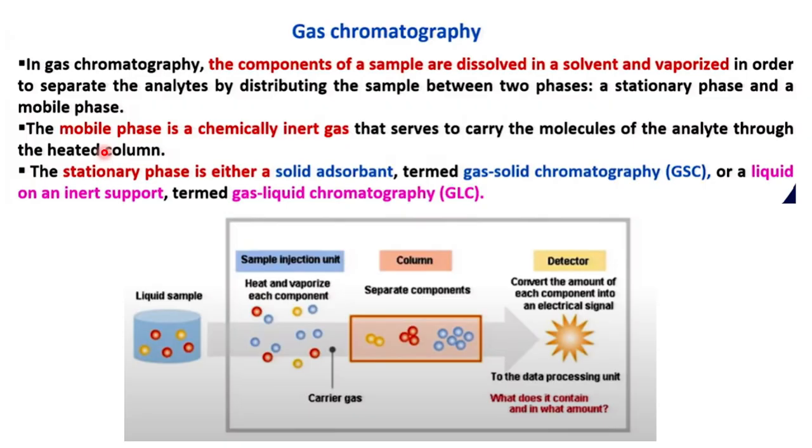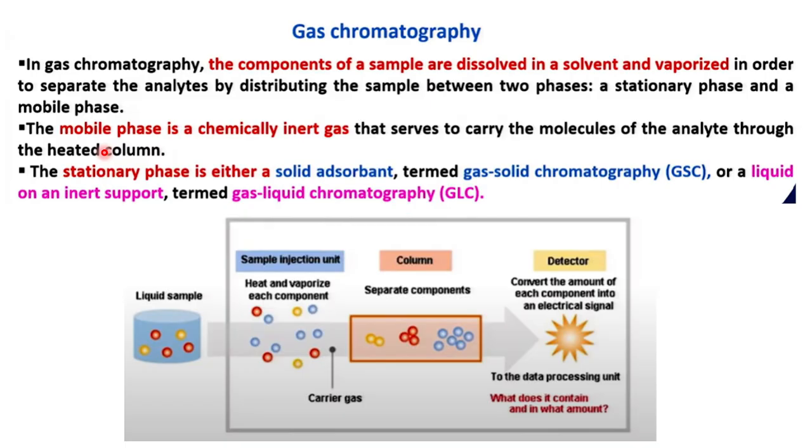GPC is basically a liquid phase chromatography, but in gas chromatography the mobile phase is an inert gas. In gas chromatography, the components of the sample are first dissolved in a solvent and then vaporized in order to separate the analytes by distributing the sample between two phases, the stationary phase and the mobile phase.